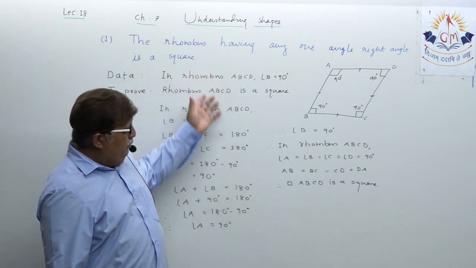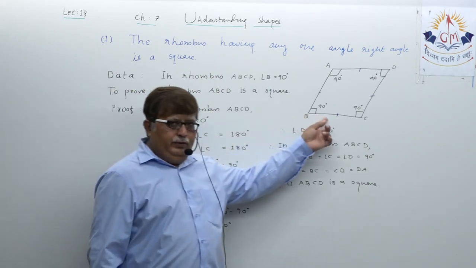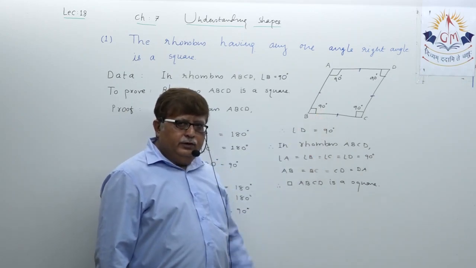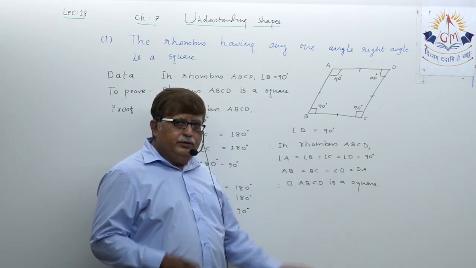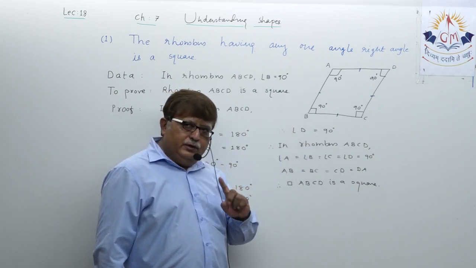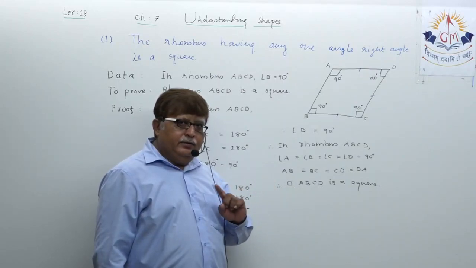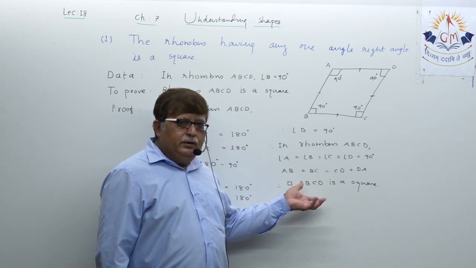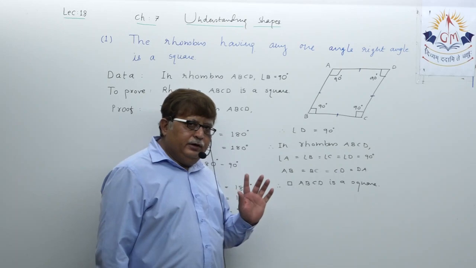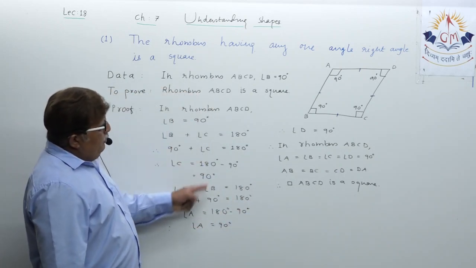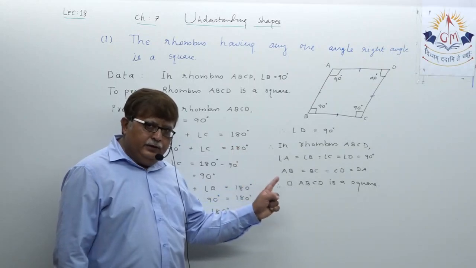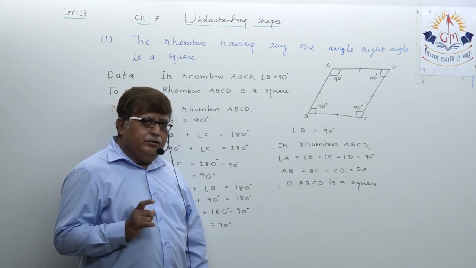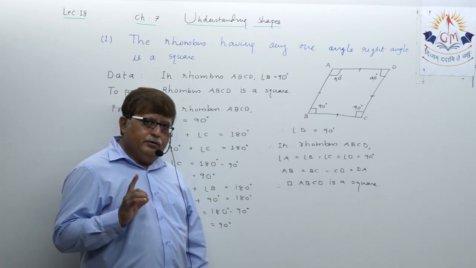So from the given data, we proved that in rhombus, because one angle is right angle, we proved all angles to be right angle, and at the same time all sides are congruent. So now, as you know, in any quadrilateral, when all angles are right angle and all sides are congruent, it becomes a square.